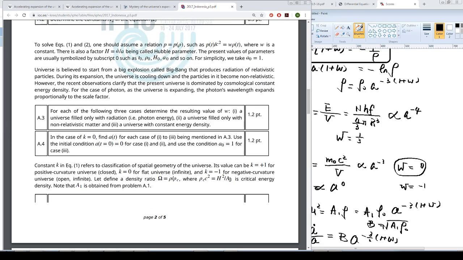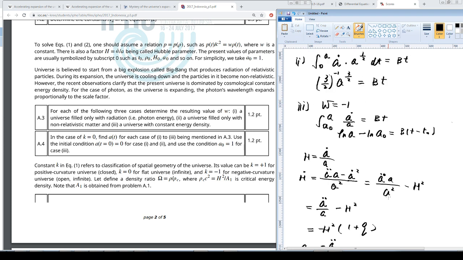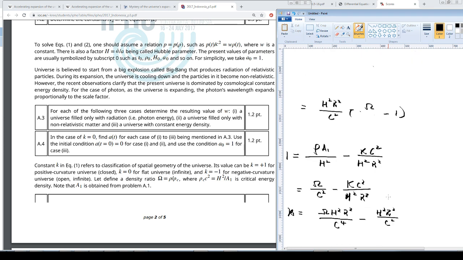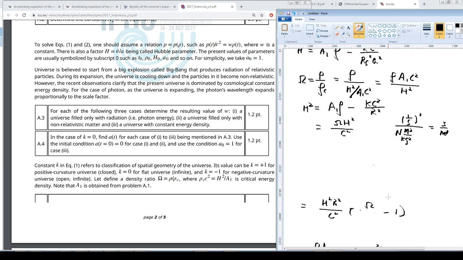Therefore, there is no way this can work, unless that's not energy density. That's joules per meter cubed. Oh, I see what they said. Rho c squared is the critical energy density, so joules per meter cubed.